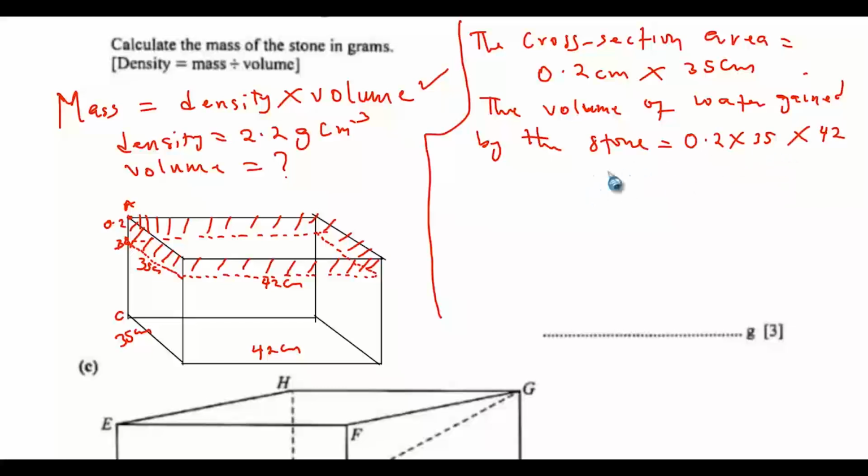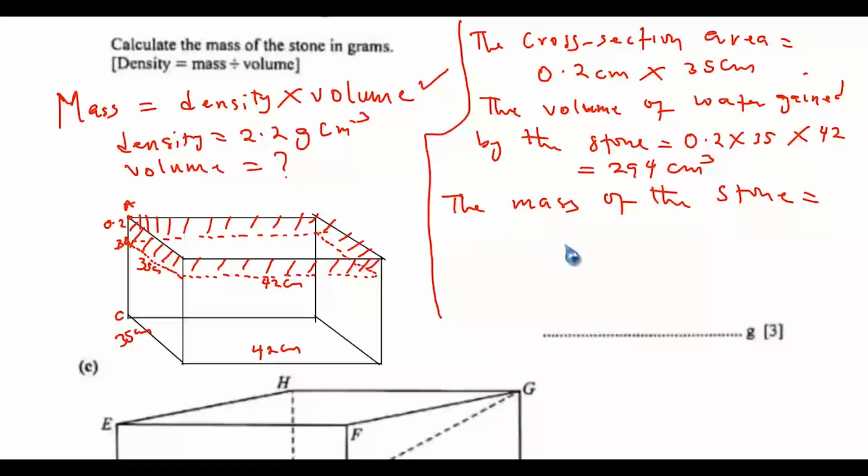Okay, so if you do this, you will get 294 centimeter cube. And finally, you can get the mass of the stone. The mass of the stone will be equal to the density, which is 2.2 gram per centimeter cube, multiplied by the volume of water gained by the stone, which is 294 centimeter cube.